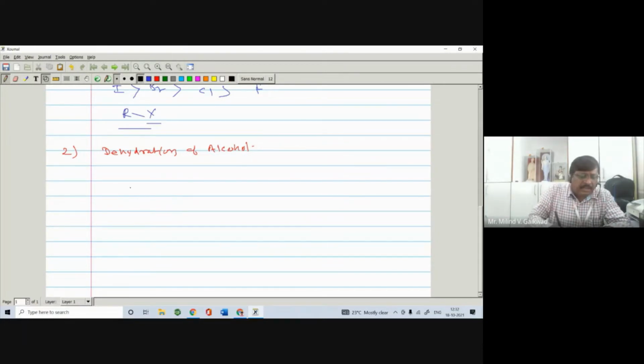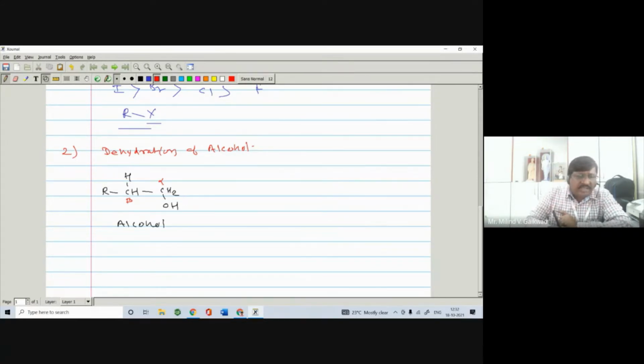For example, suppose we have such a starting compound. Here is the H, here is also CH2, and here is the OH. It is your alcohol. The carbon atom directly attached to the functional group is called the alpha carbon, the carbon atom directly attached to the alpha carbon is called the beta carbon, and the hydrogen atom attached to the beta carbon is called the beta hydrogen.